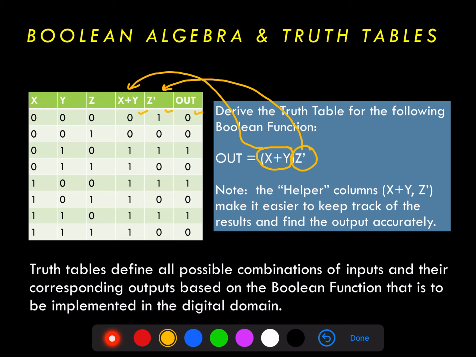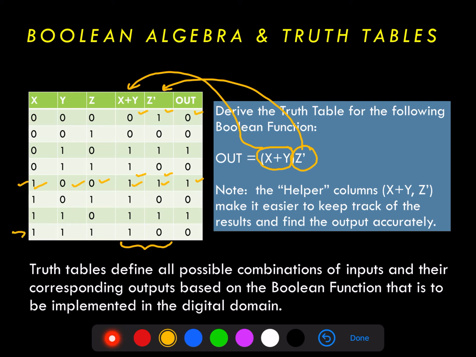So for example, in this line of the truth table, first we compute 1 or 0, which is equal to 1. Then we compute z naught, which is equal to 1. And then we AND 1 and 1 together to get 1. And this process, by adding these helper columns, just helps us be a little bit more accurate in the computation of out.